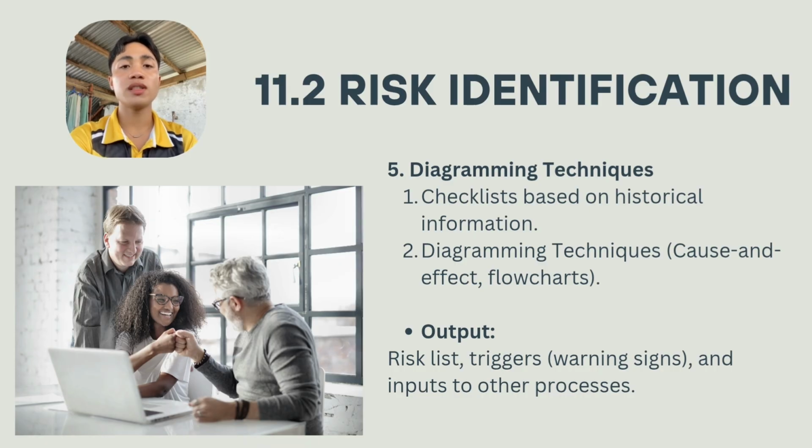Example, kung ma-delay ang mga milestone, sign na nga posibleng ma-delay ang schedule sa project. Last one is inputs to other processes. So sahay ang risk identification makapakita nga kinahanglan jud i-improve ang ubang project processes sama sa WBS o project schedule para mas klaro ang pag-identify sa risk.